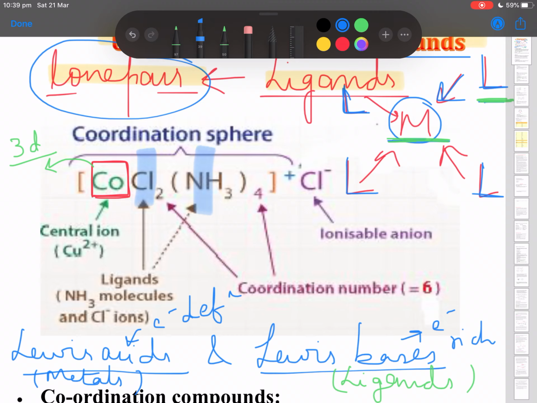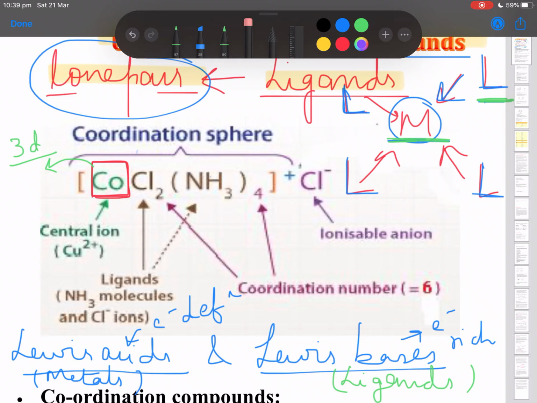Cl ligand is known as chlorido. That we'll be learning a little later. Just keep in mind the term chlorido. And NH3 is known as amine. I repeat again, where are the ligands?